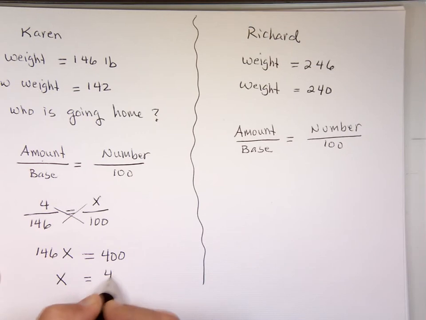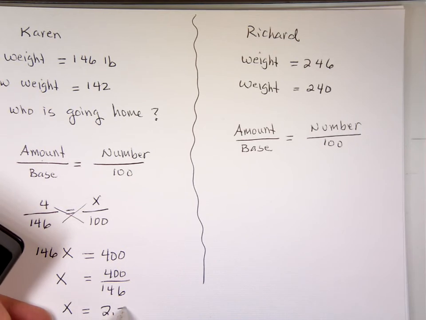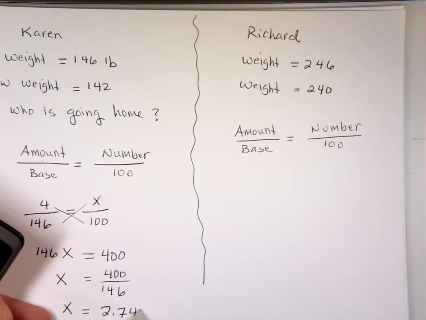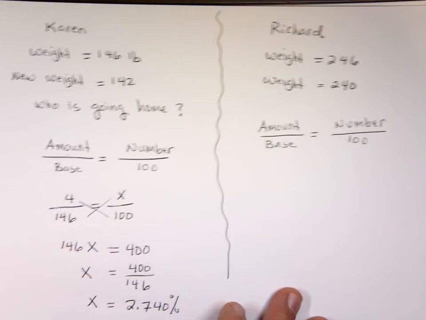It's 400 divided by 146. We'll use 3 decimal places. 2.740%. So Karen lost 2.74%.